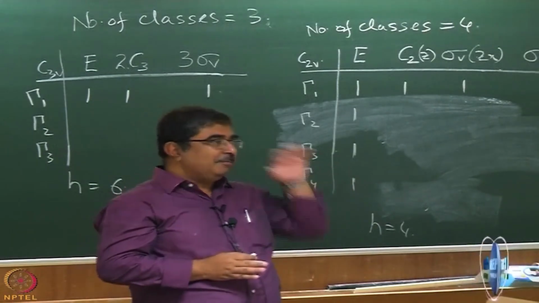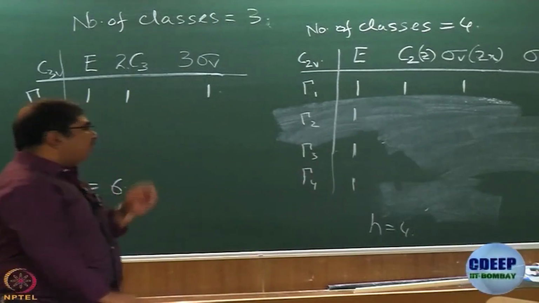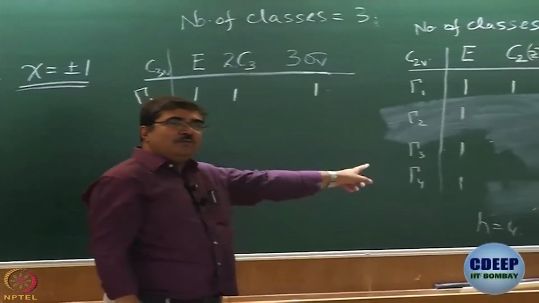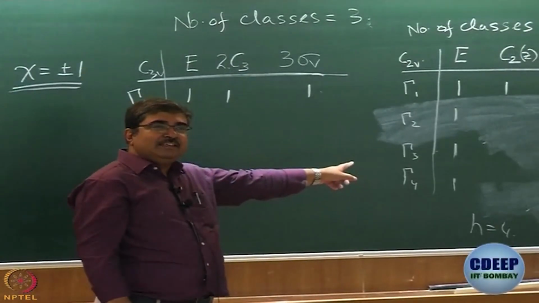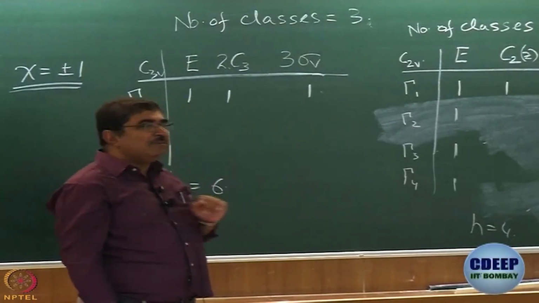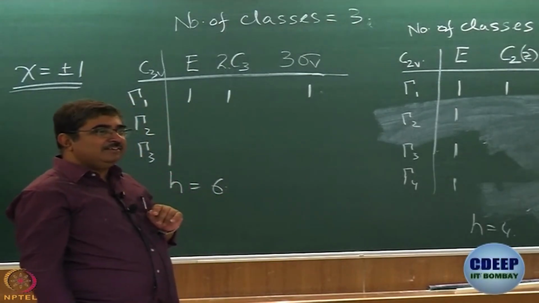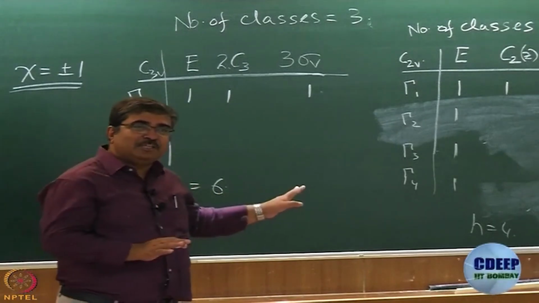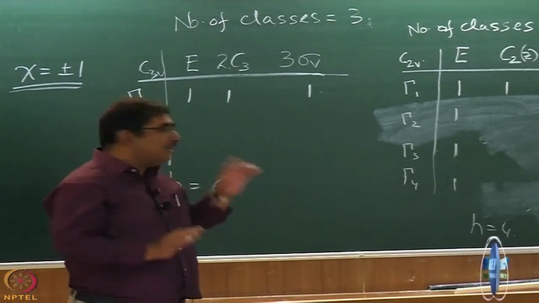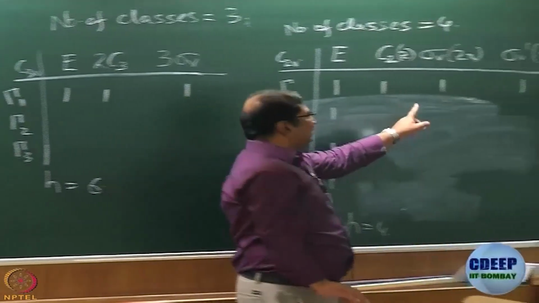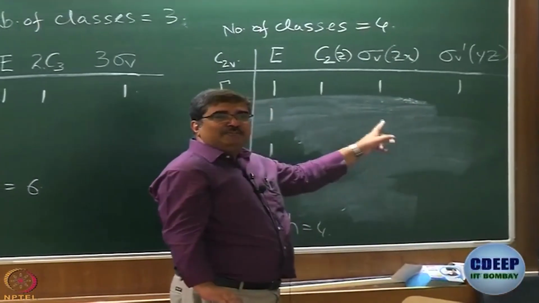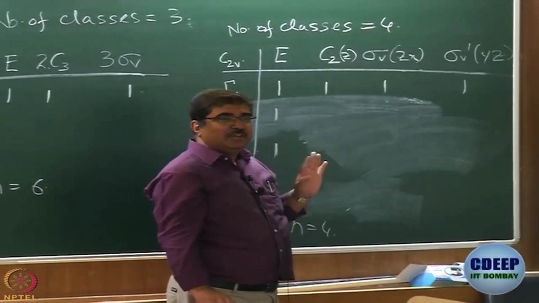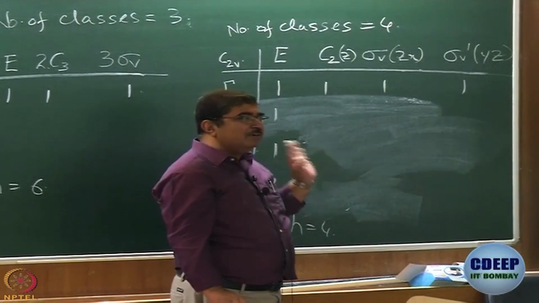Right? Now, what more have we said? These are all one dimensional representations. So, the characters can only be +1 and -1, right? Do we agree? We said that about 10 minutes ago, right? +1 or -1. So, these 3 spaces have to be filled with +1s and -1s. How many +1, how many -1, that we have to decide.